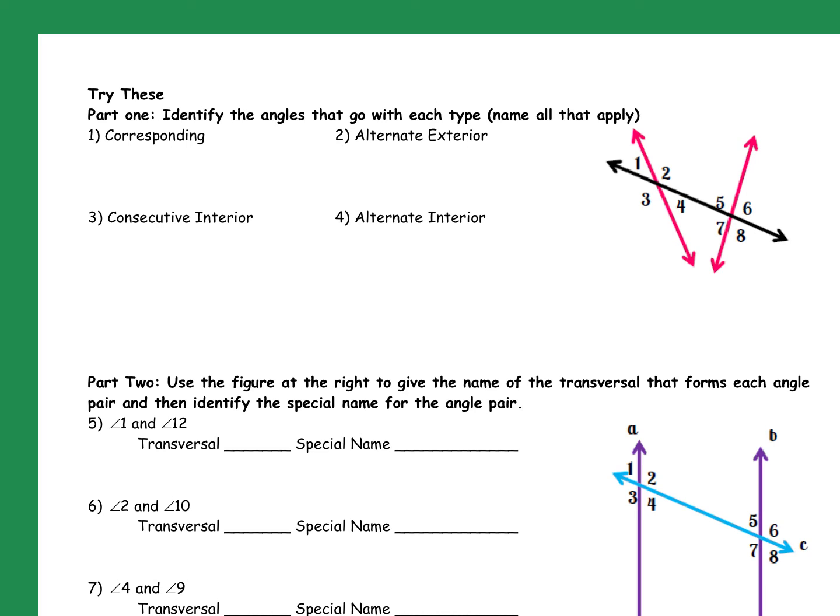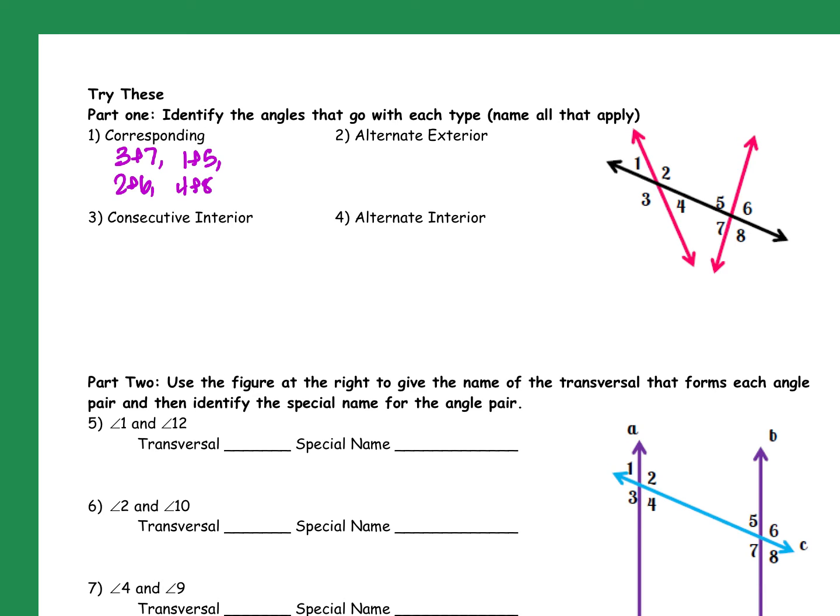Corresponding, would it be 3 and 2? Nope. They've got to be on the same side of the transversal. The black line is the transversal. 3 and 7, good. Is there any more? 1 and 5, great. 2 and 6. 4 and 8, beautiful.